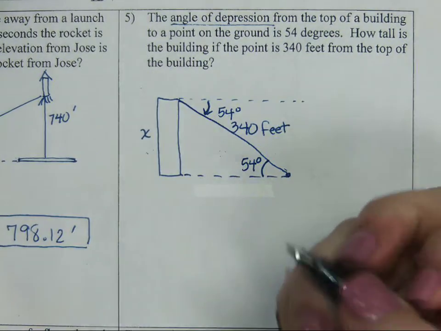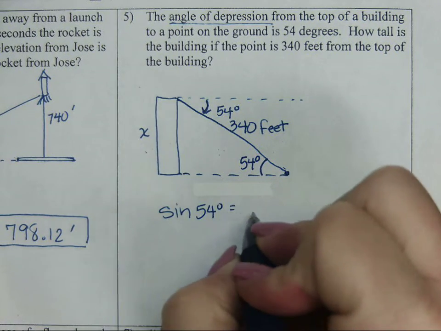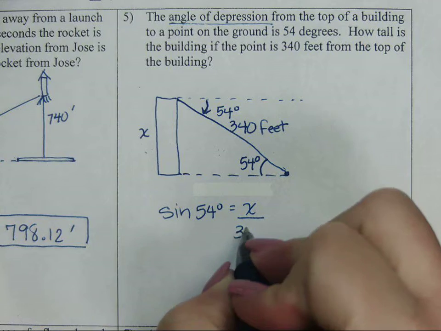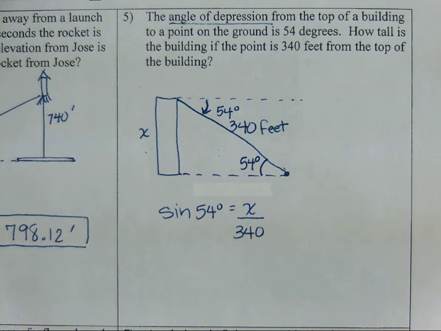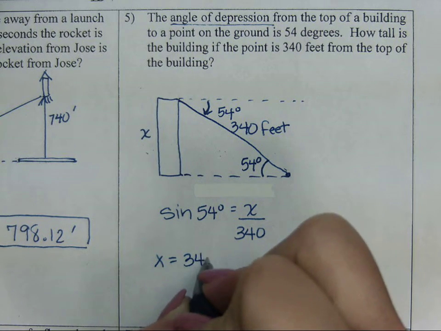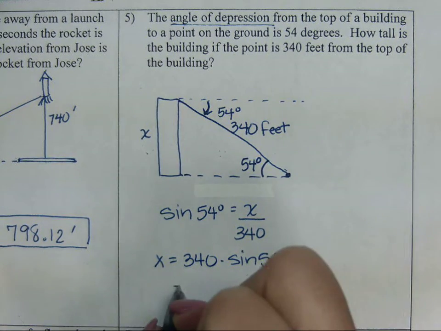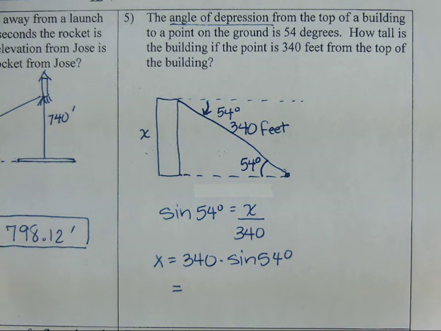But again, we're going to be using sine for this. So the sine of 54 degrees is x over 340. And now in this case, to find x, I just need to move that 340 up to the top, and then I can plug that into my calculator.